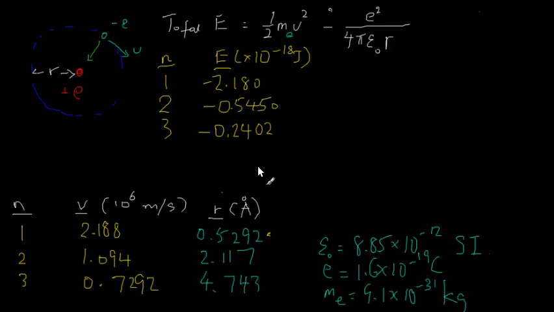Okay, now for what is going to come next, as in maybe later or the next video, I would need the values for another 3 orbits. I will need 3 more values in order to calculate the line spectrum of hydrogen.